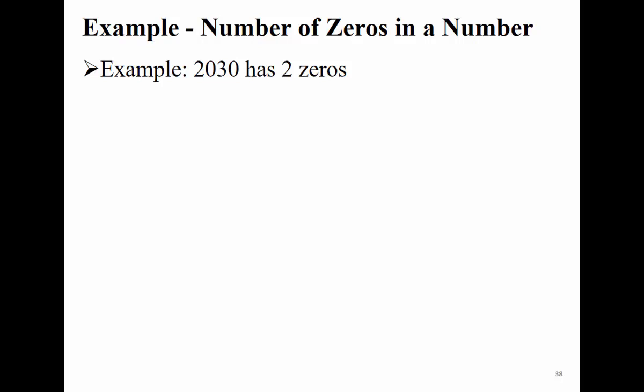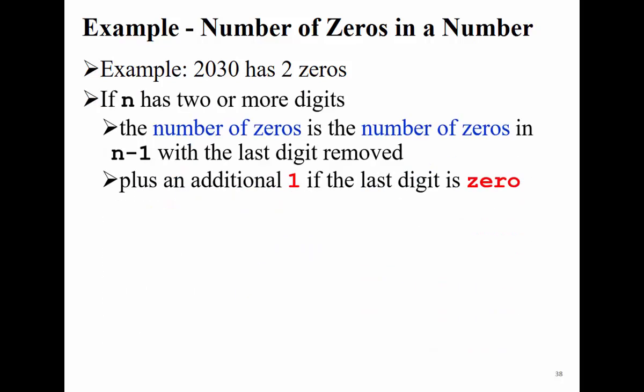Can we count the number of zeros in any given number recursively by looking at the number and identifying if the digit is 0? We're going to count it. If the digit is not 0, we're not going to count it. So if we walk through this example together to analyze it, how can we analyze this example?